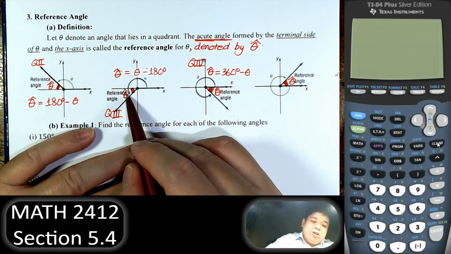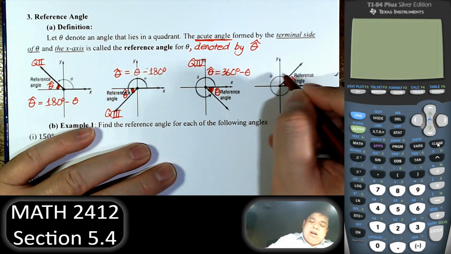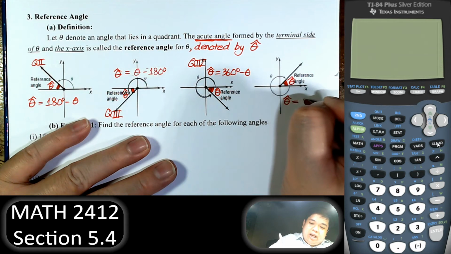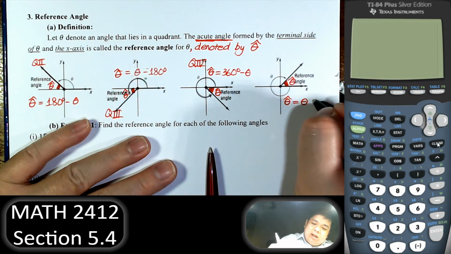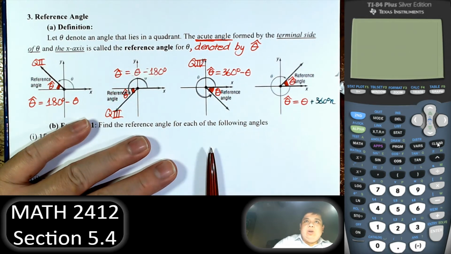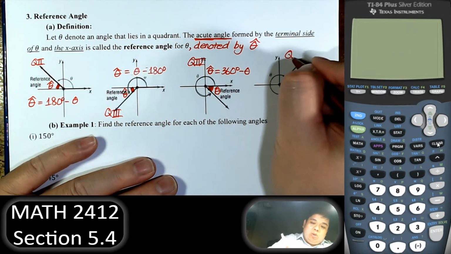So the big angle subtract 180, and if it is in the first quadrant, it will be the same. By coterminal angles, we could add 360 to it. We can do that to all of them, still the same. That's what happened in quadrant 1.